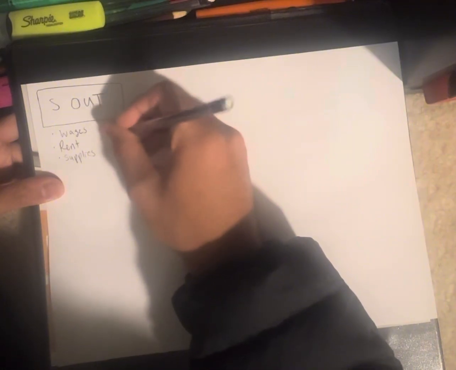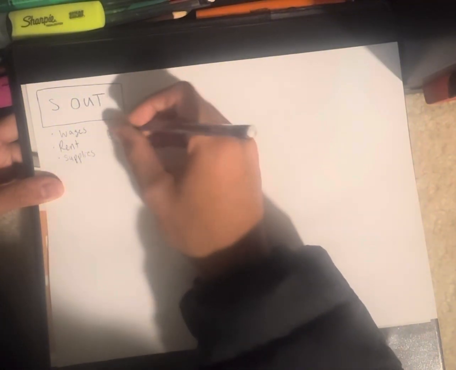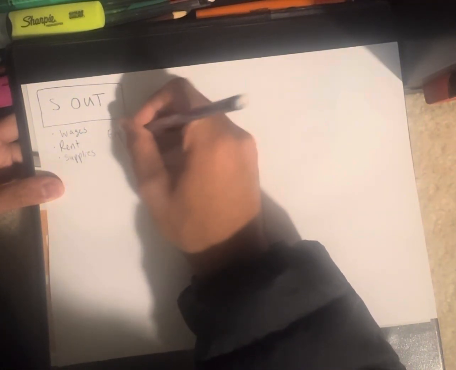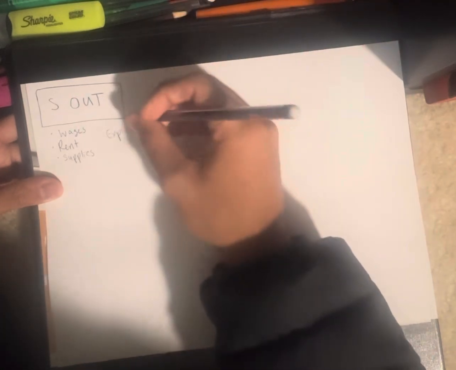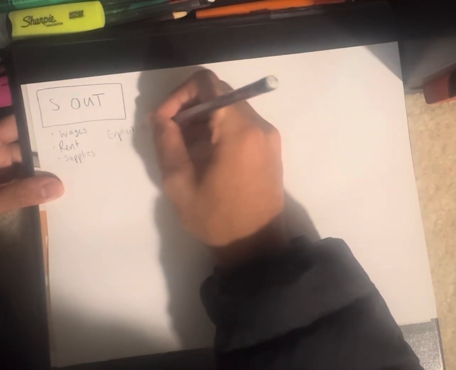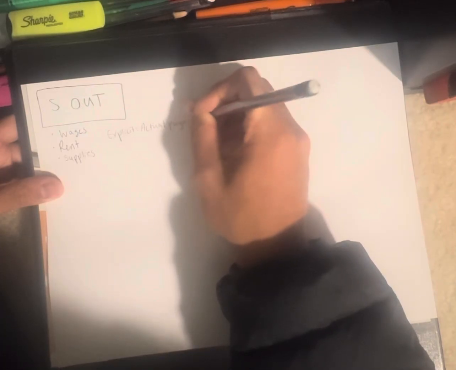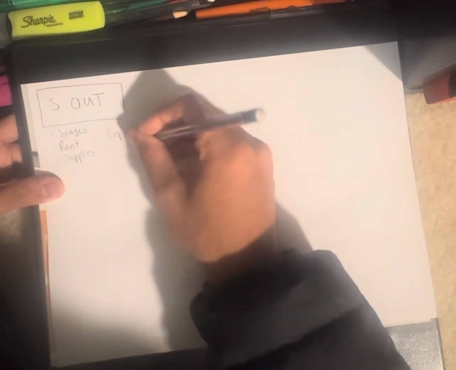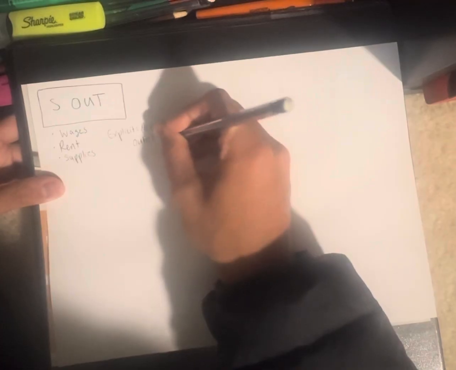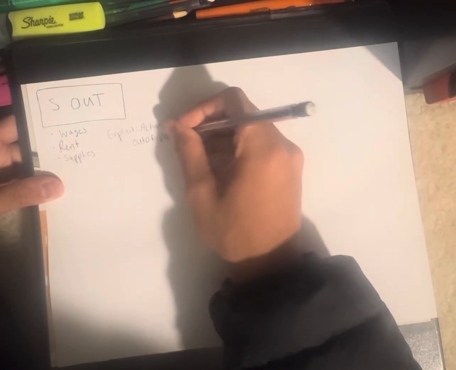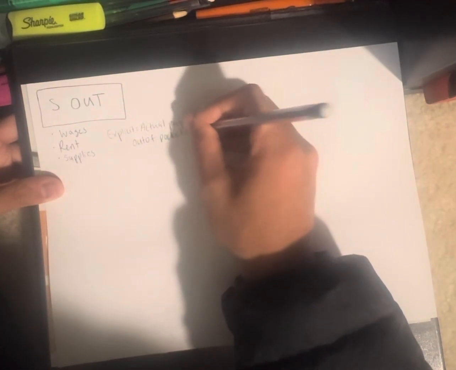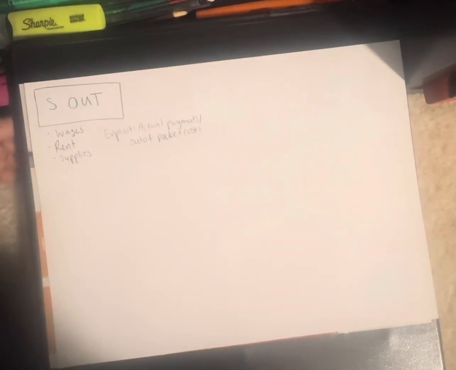These are examples of payments the firm directly has to make: wages, because you pay workers; rent, because you pay for the building or land; and supplies, because you buy materials. All of these require real money transactions. So explicit is just the actual payment, the out-of-pocket costs.